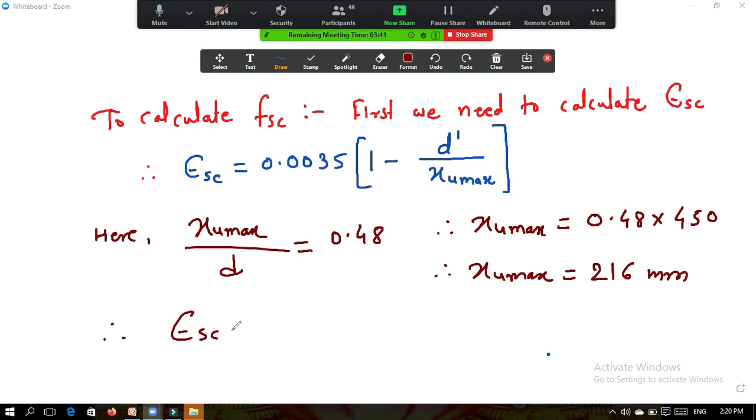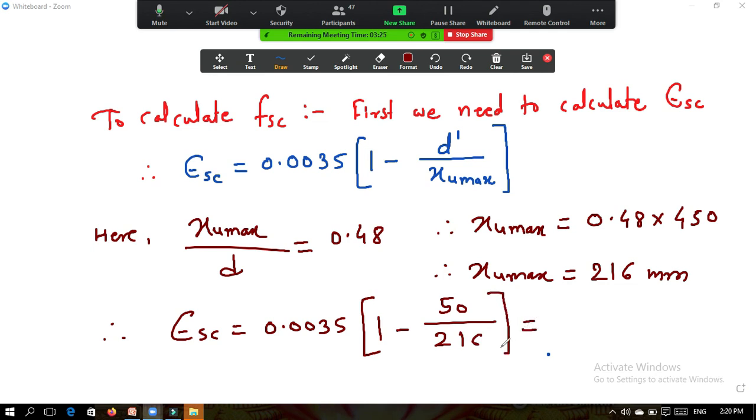Therefore epsilon SC is equal to 0.0035 into bracket 1 minus D dash upon XU max. D dash we have assumed as 50, divided by 216. So we will get the answer 0.00269.